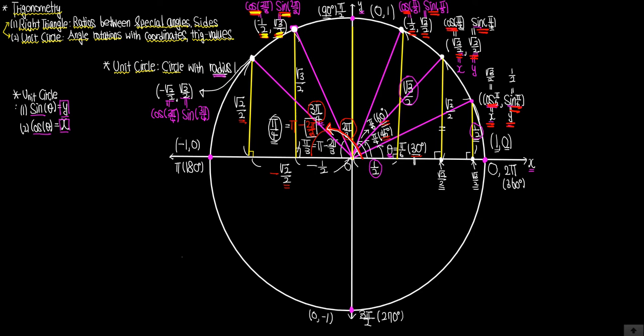Now let's get to the next angle rotation, which is the last example on the unit circle, which is going to be 150 degrees.